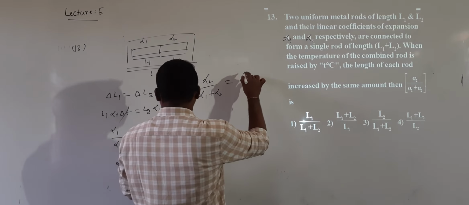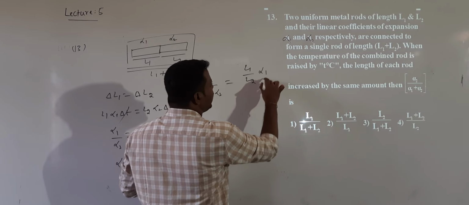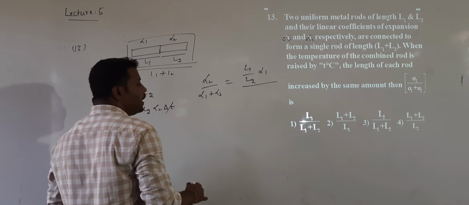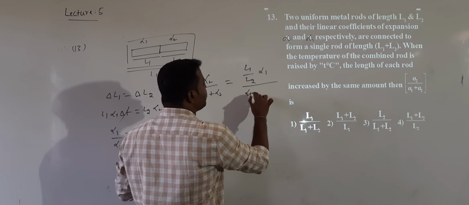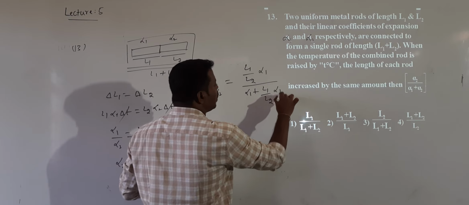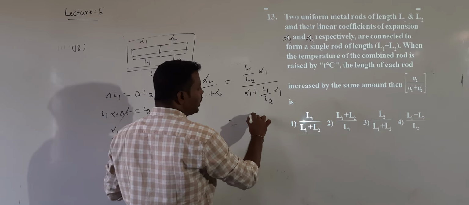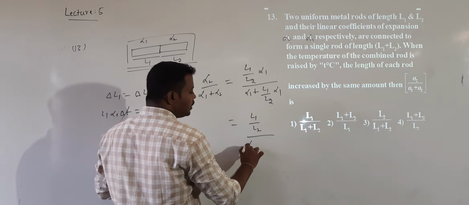In place of alpha 2, I can write L1 by L2 into alpha 1 in the numerator, divided by the denominator also, alpha 1 as it is plus alpha 2, which is L1 by L2 into alpha 1. So in the numerator I get L1 by L2. In the denominator, what can I take common?